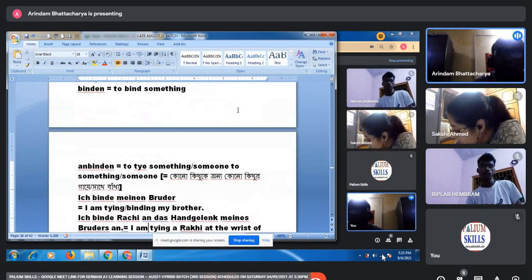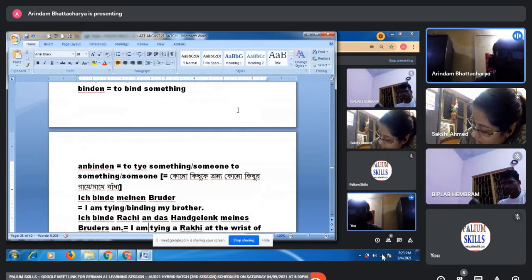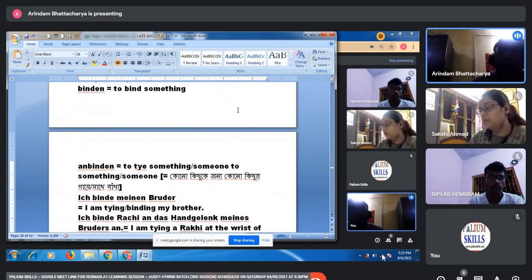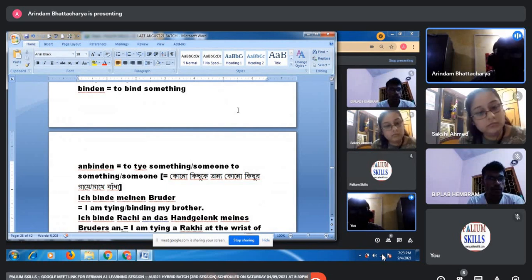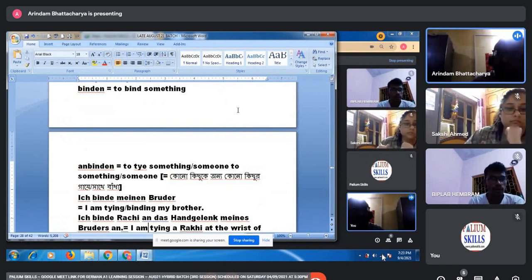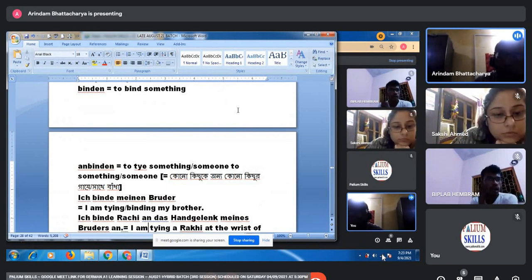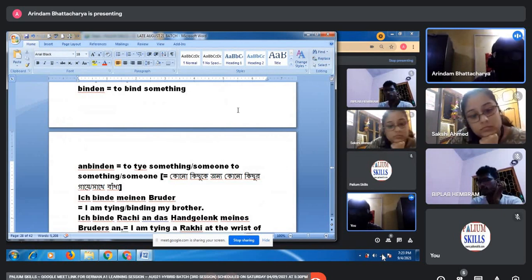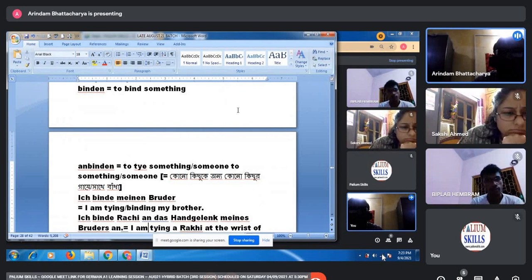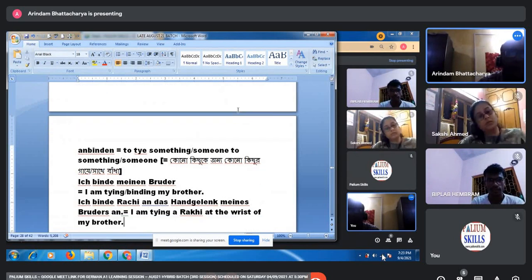Anbinden, to tie something or someone to something or someone. Ich binde meinen Bruder an. I am tying up my brother. Ich binde Rakhi an das Handgelenk meines Bruders an. I am tying a Rakhi at the wrist of my brother.